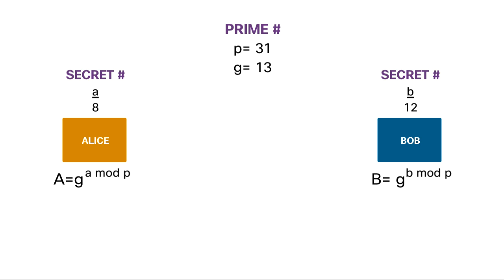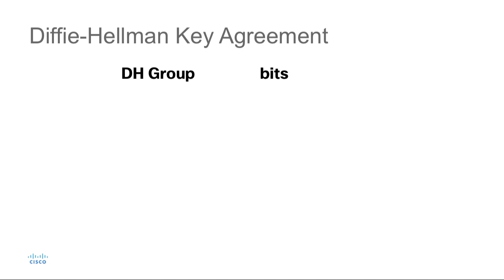Now, in this example, we used several very small numbers to illustrate how this algorithm works. Obviously, in a real-world environment, we're going to be using much larger numbers to compute the key. Now, with Diffie-Hellman, we have what's called a Diffie-Hellman group.